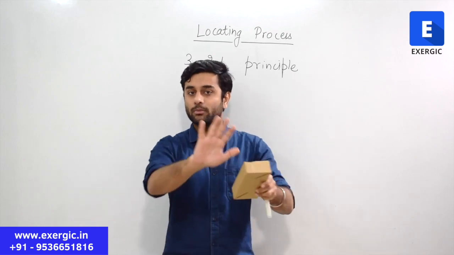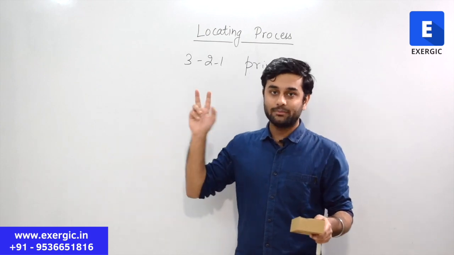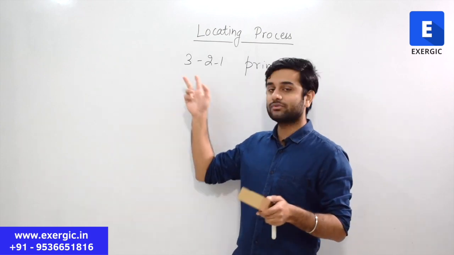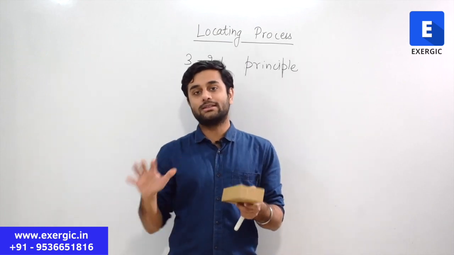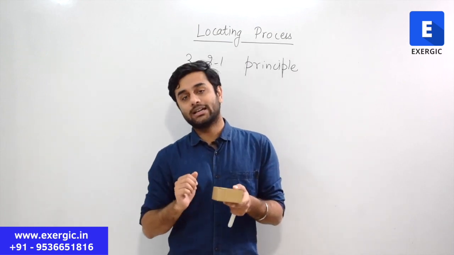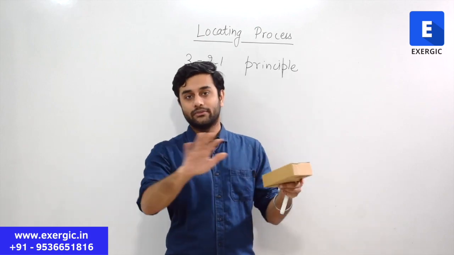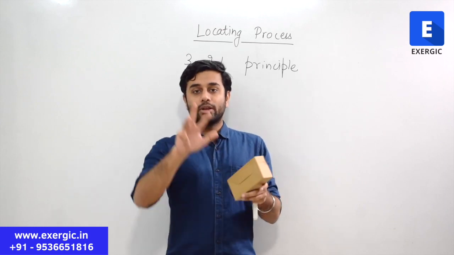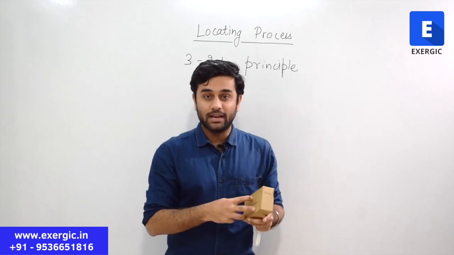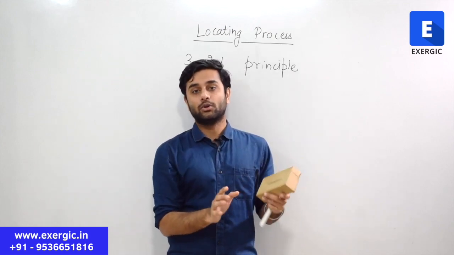Right now, I am not talking about 2 and 1. I am just talking about the significance of 3 points, and some of the basic tips and knowledge regarding locating a workpiece. I will discuss 2 point, 1 point, the whole degree of freedom thing later, so don't worry about it. So whenever you are trying to define the first plane where 3 pins will be there, that plane should be largest in area. Rule number 1.